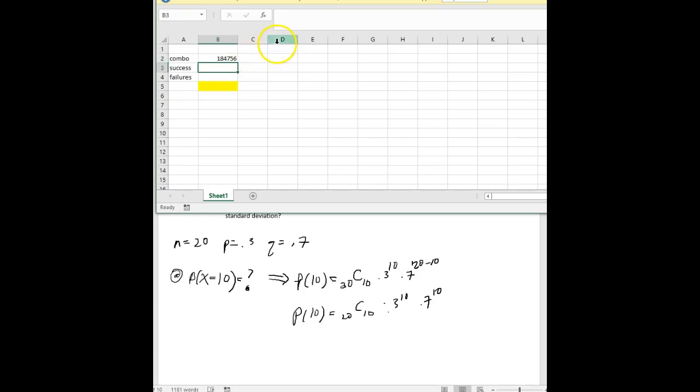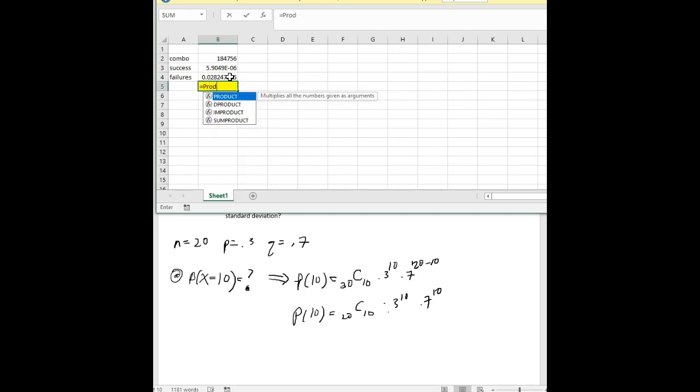So this 184,756 is our number for 20 choose 10. And then we would just say equals 0.3 to the 10th. We get a really small number. And then equals 0.7 to the 10th. Then we would just multiply all this together.